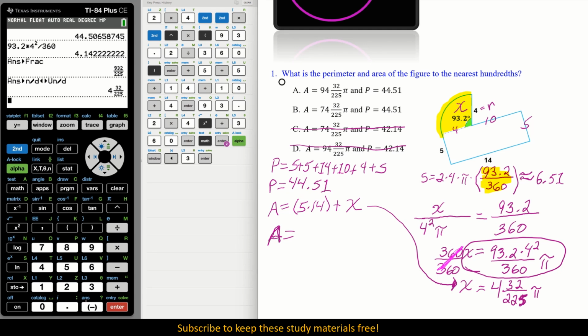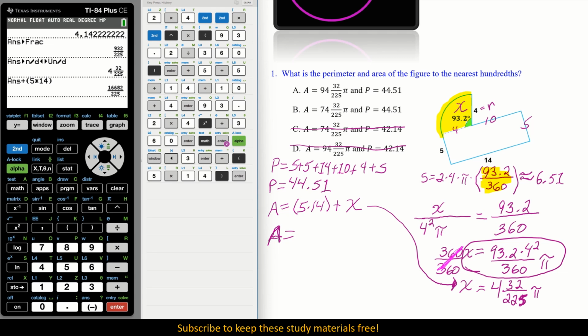So we're going to take that. Now we have 4 and 32 over 225. And we add that plus, in parentheses, 5 times the 14, close our parentheses. Oh, we're going to have to do it again. Alpha, window, arrow over, number 3, enter.